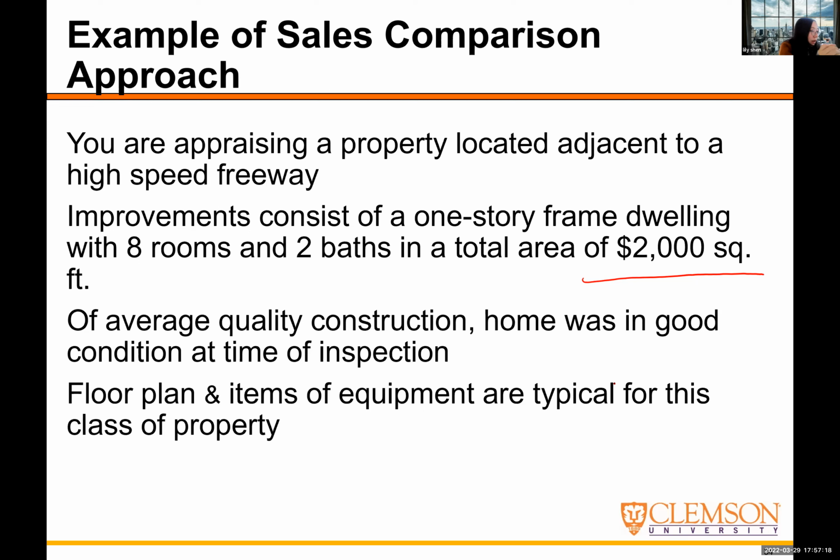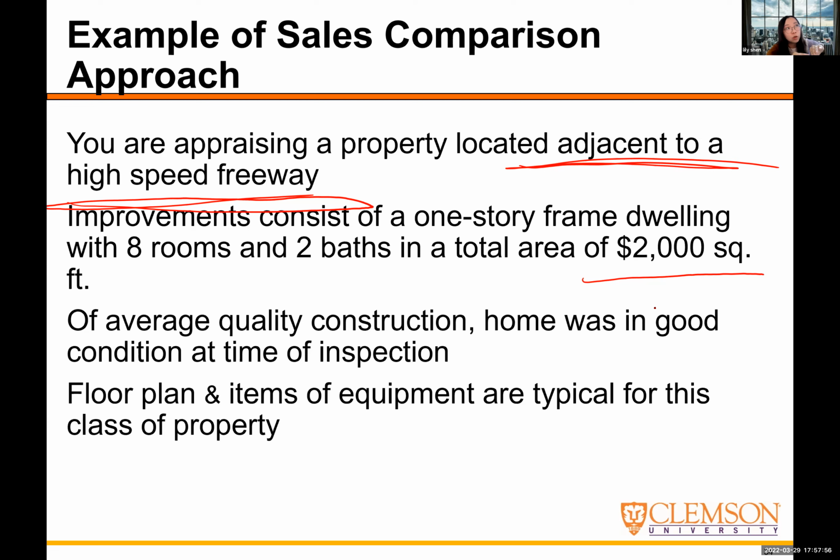Your property is adjacent to a high-speed freeway, so you have to find out the price discount for locating next to a highway, and the value of the additional 400 square feet. And because some of your comparables were sold in the past, we have to adjust for the change in market conditions.